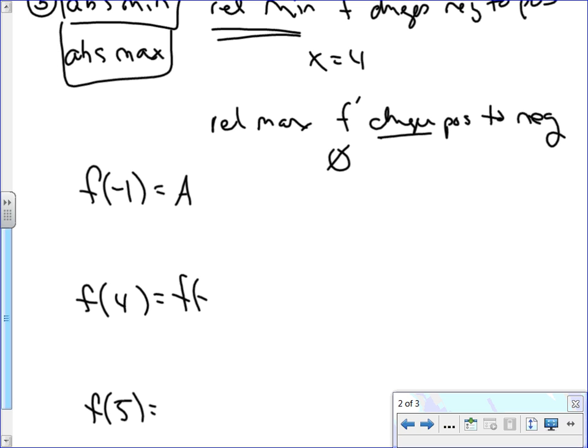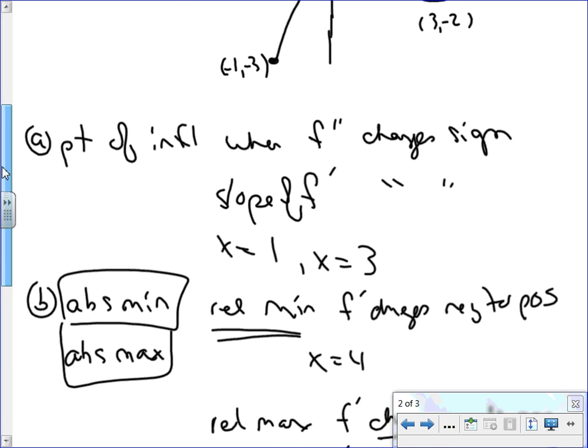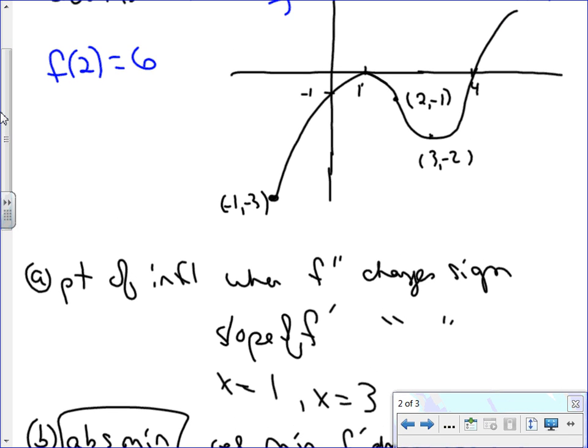Then I'm going to look at f of 4. I'm going to remember that f of 4 is f of negative 1, kind of our new thing, plus the integral from negative 1 to 4 of f prime. If I start at negative 1, where did I start? And how much did I change? Remember, this definite integral is an accumulator of change. Now, look at the value of the definite integral from negative 1 to 4. I don't know what it is, but I know something about it.